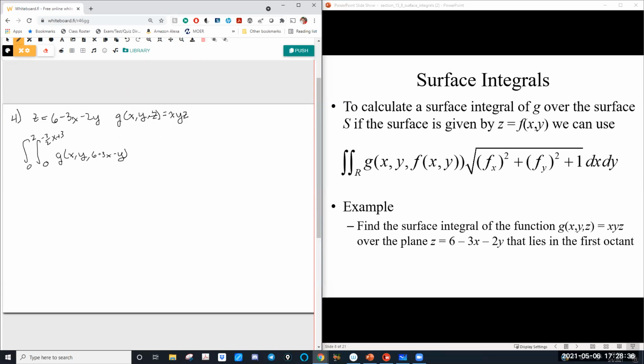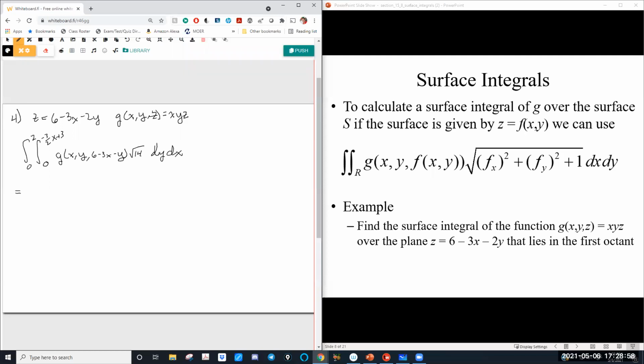And again, we did this part in example 2. We know that that comes out to be square root of 14. Sorry about that. And we're going in the order dy dx.